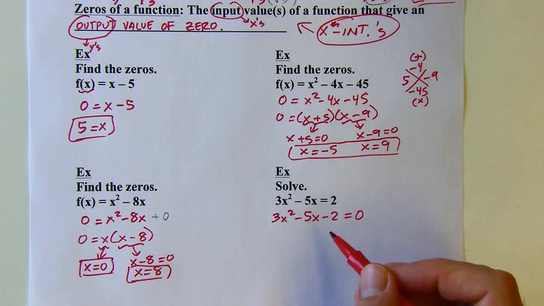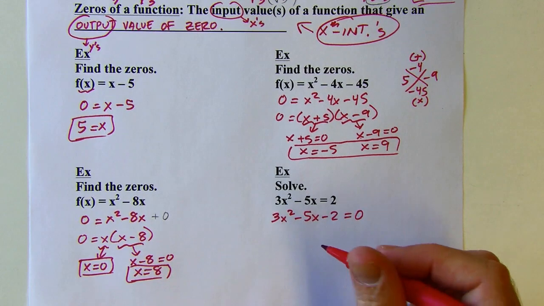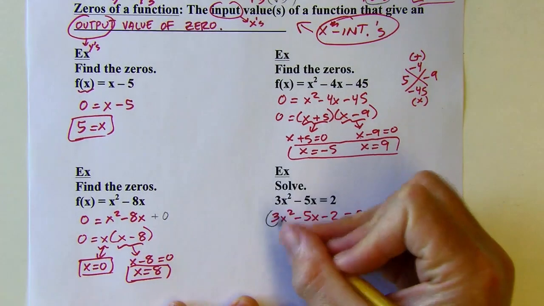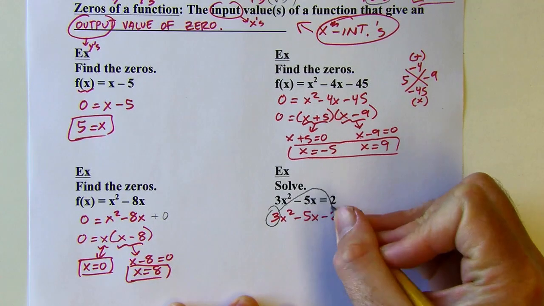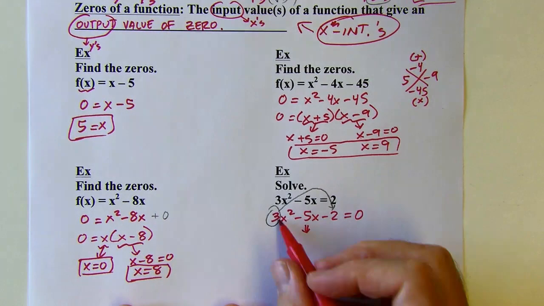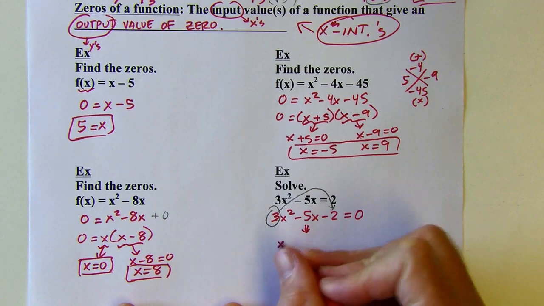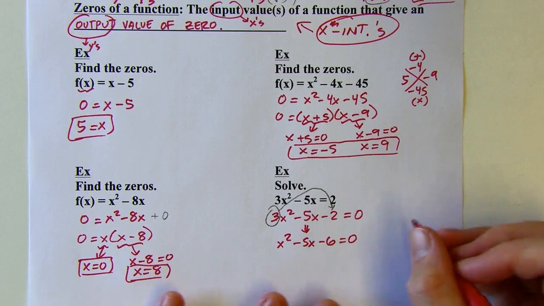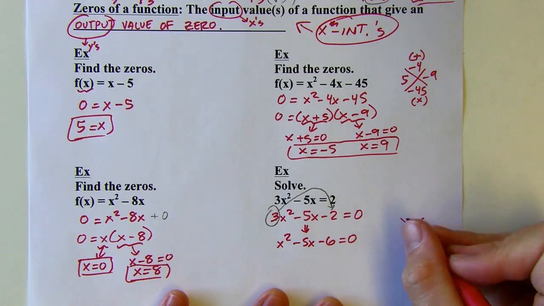So there's no common factor here, right? Nothing goes into 3, -5, and -2. So I'm going to do a modified diamond problem here, or you can use other methods. I'm going to modify this problem by multiplying the 3 by the -2. Okay, now I'll do a diamond problem on this.